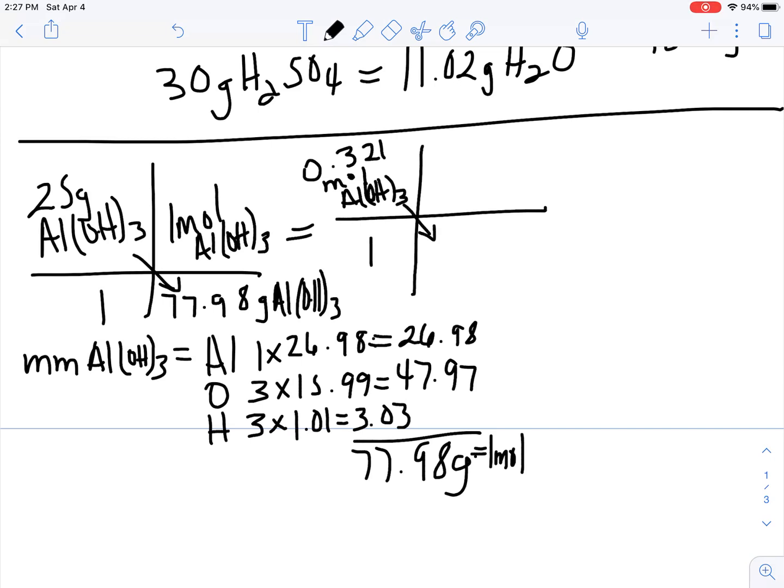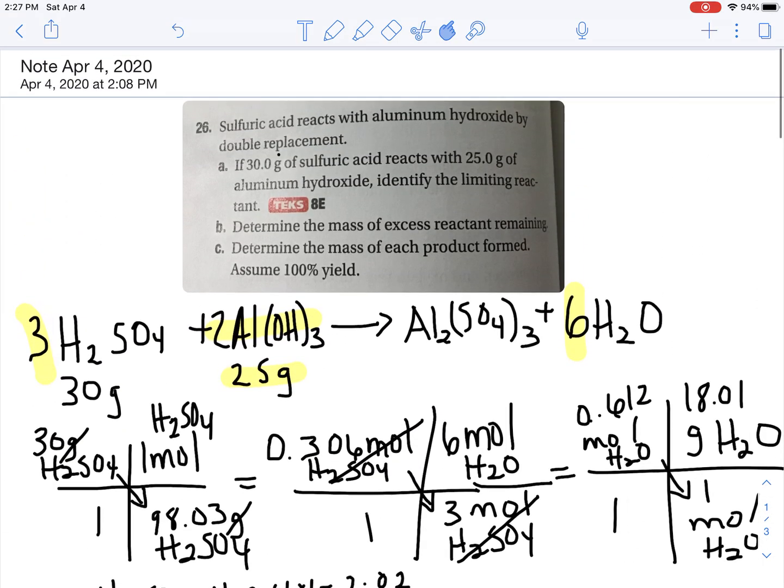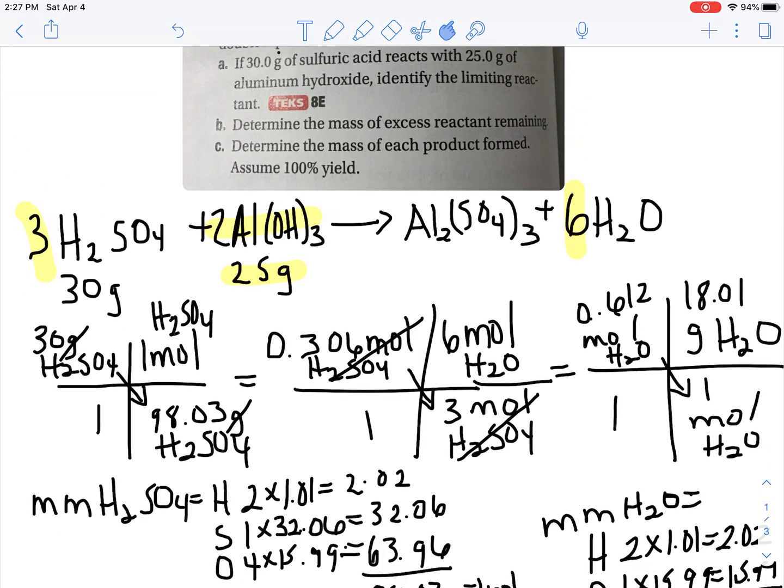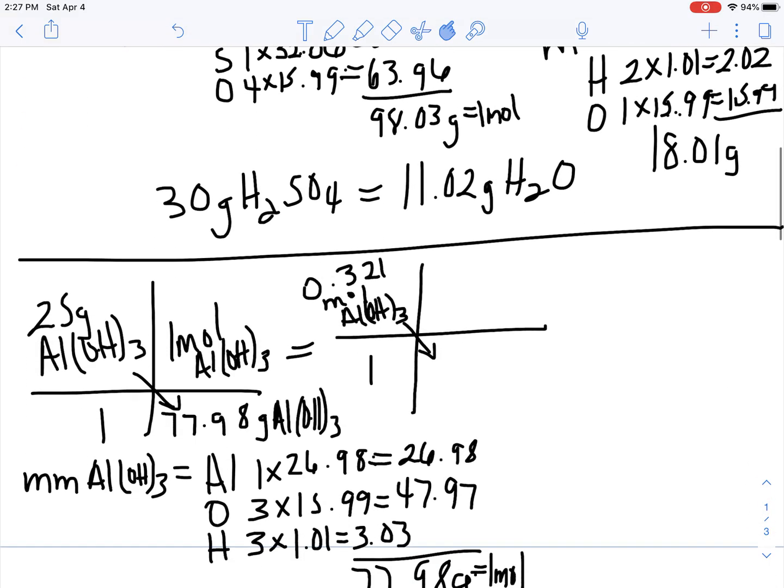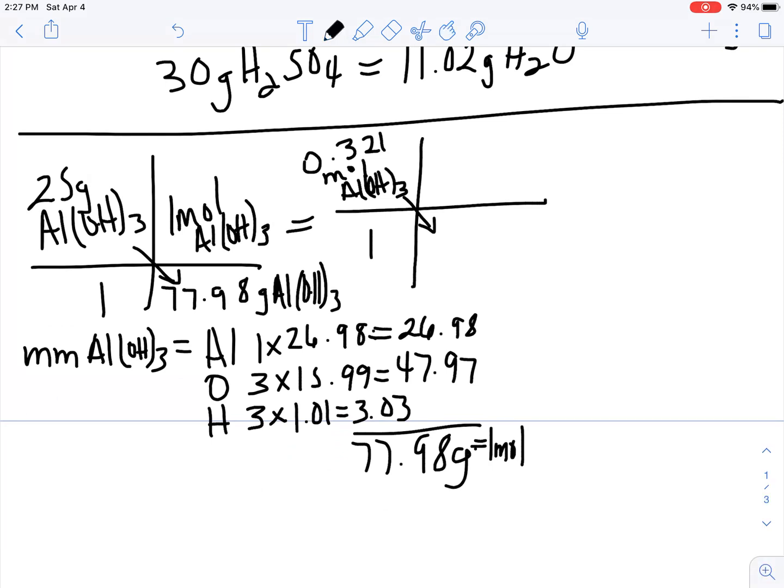Now we have to go back to the reaction. How many moles of aluminum hydroxide did we have? According to the reaction, there was 2. We're changing it to the same compound, water, so I'm going to be using the 2 and the 6. So I go back, and we had 2 moles of aluminum hydroxide equal to 6 moles of water.